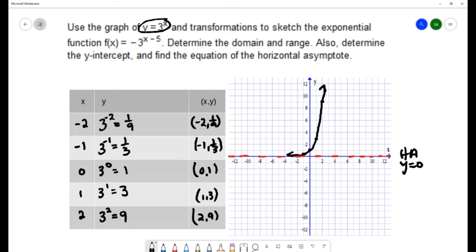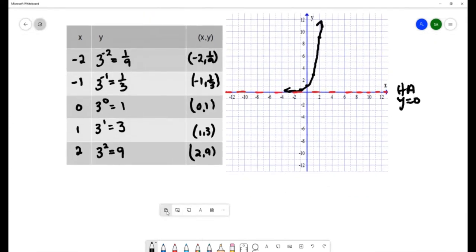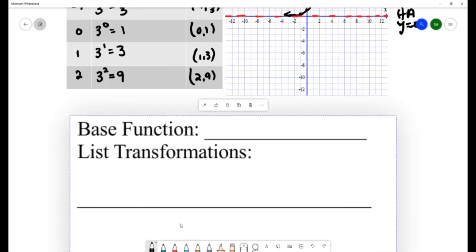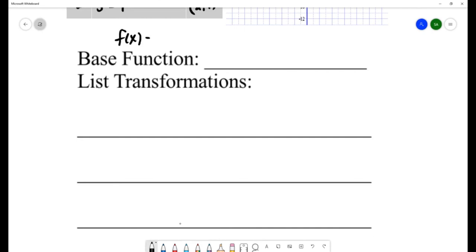We want to graph -3 to the x minus 5. So we're going to use our knowledge about transformations to graph that. So we want to graph f of x equals -3 to the x minus 5.